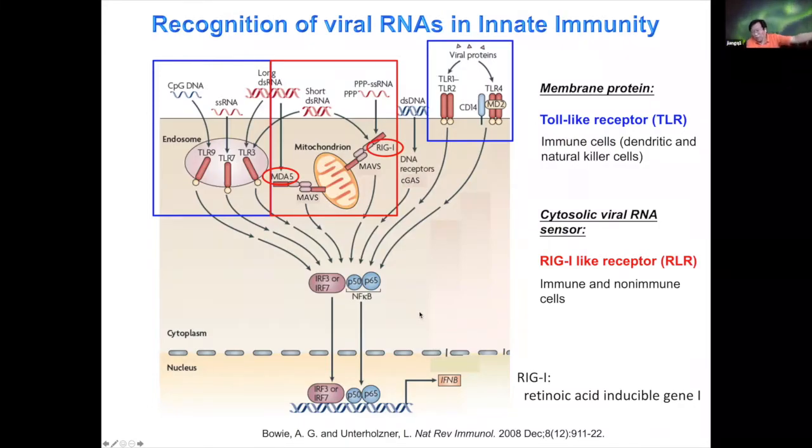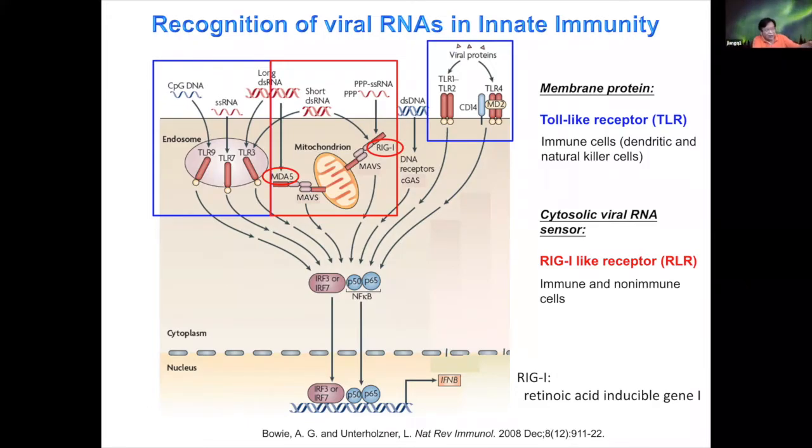The same is true for the SARS-CoV-2, which has a positive sense RNA genome. The RNA viruses have this signature structure, which we call the 5' triphosphate plus a very short double-stranded sequence in the RNA.